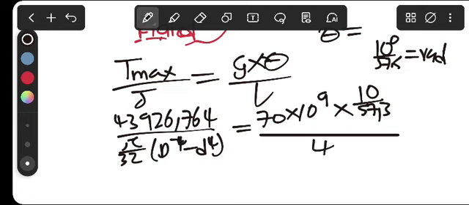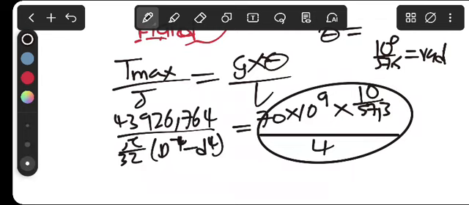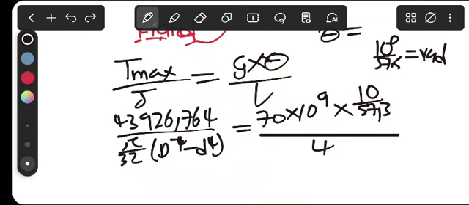So now it's a matter of mathematics again. This time just punch all of this on the calculator. Just punch all of this.